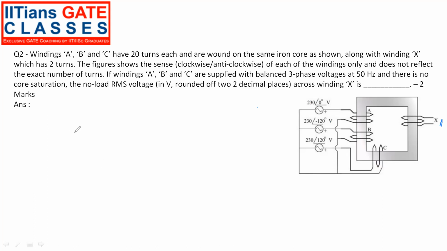The voltage across X, let's say Vx, is equal to, since we have a turns ratio, X has 2 turns and A, B, C have 20 turns each.